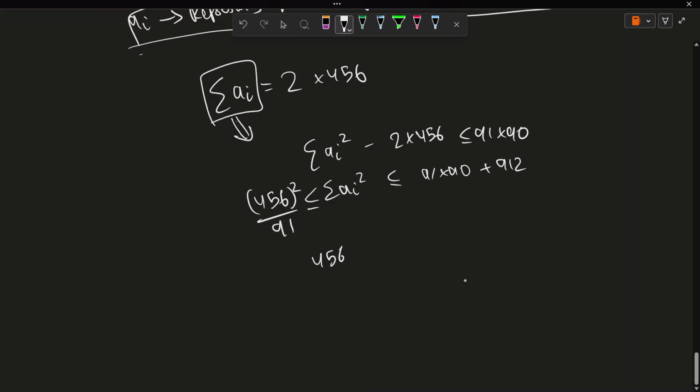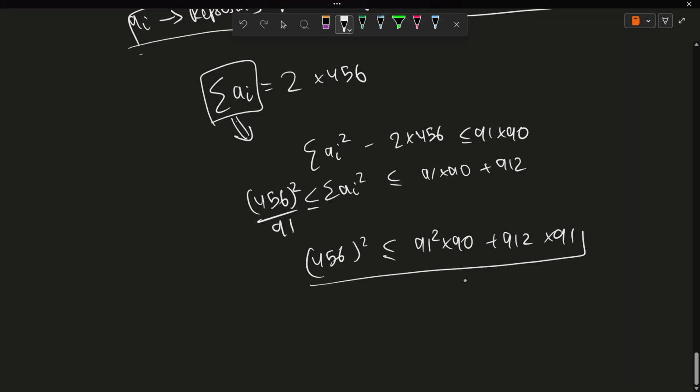And 456 square is thus less than or equal to 91 square into 90 plus 912, into 91. A quick calculation would show that this is wrong.